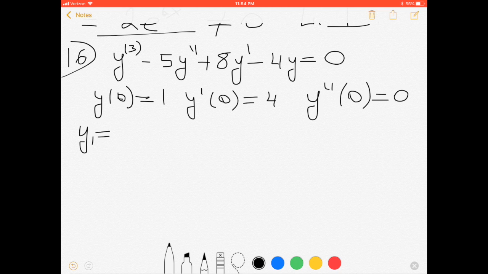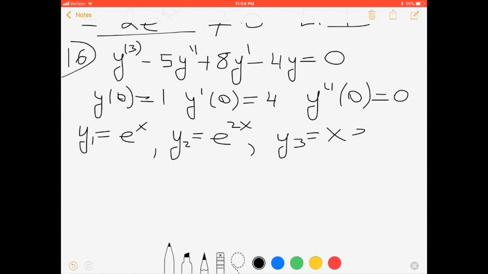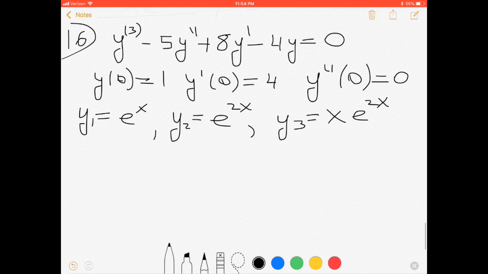This means we're not solving it. The first solution will be e to the x, second solution e to the 2x, and third solution x e to the 2x. And here we need the solution with this initial point.